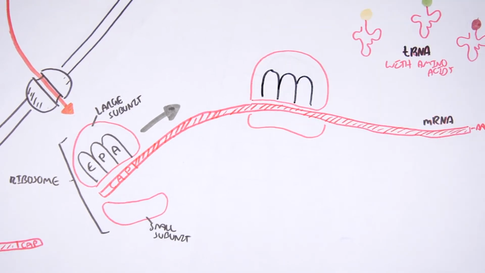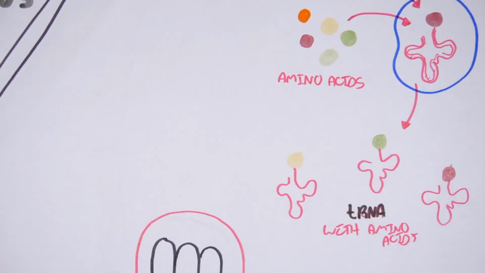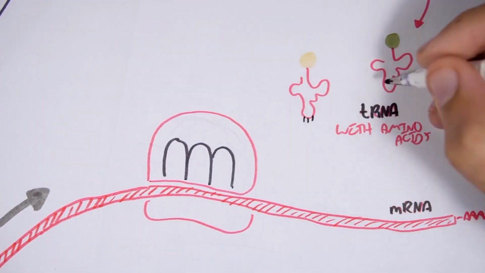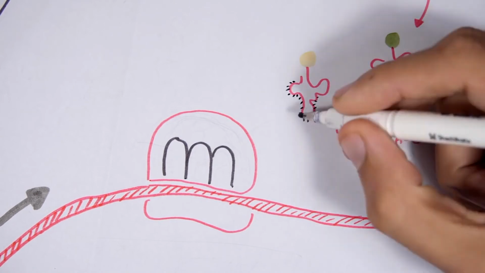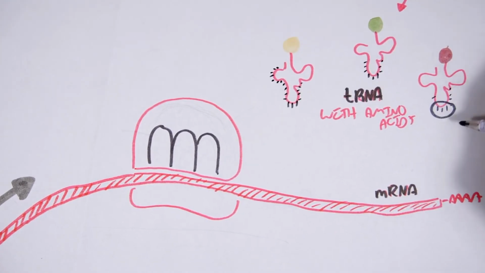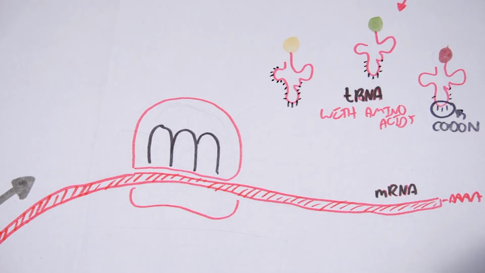During its movement, the ribosome will act like a factory for protein synthesis. It will attach tRNA with mRNA essentially. Remember, the tRNA is made up of nucleotides, so all these are nucleotides. 3 nucleotides down this end of the tRNA is special because it is what will bind to 3 nucleotides on the mRNA.